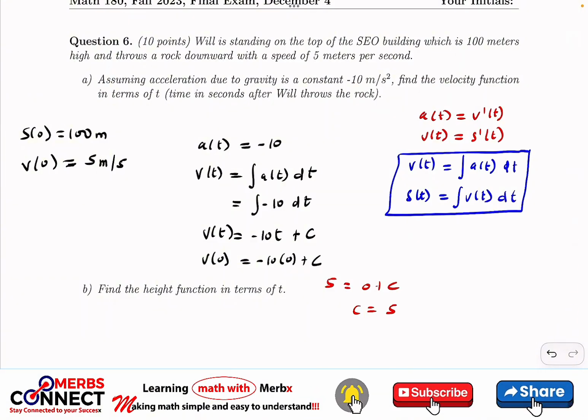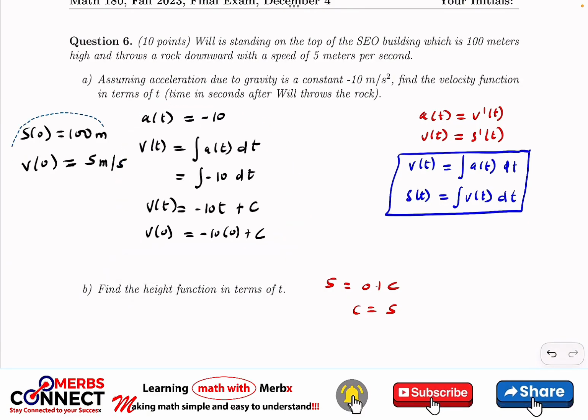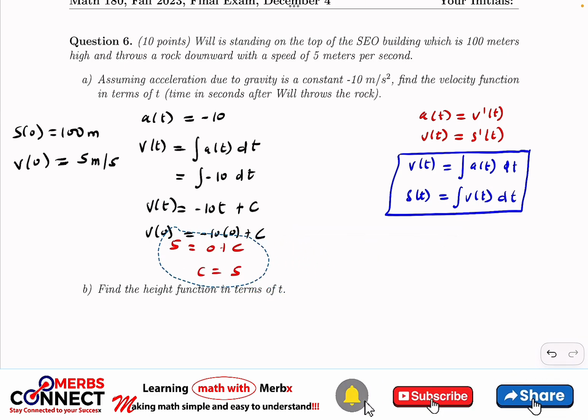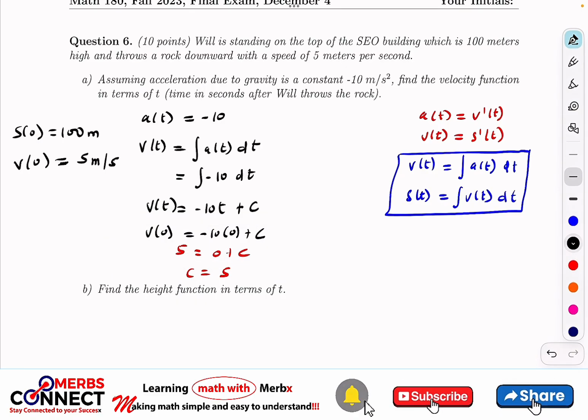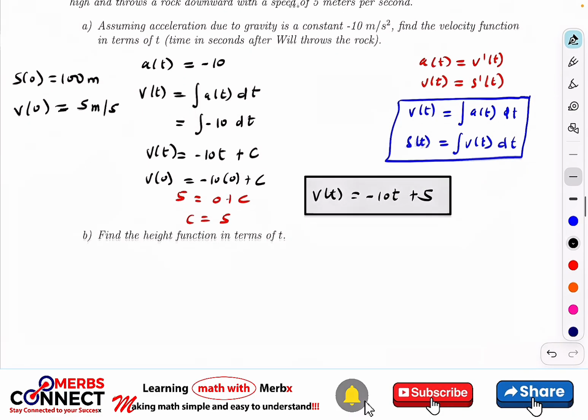So it means that our v of t is going to be, we put this one here, nicely. Good. So let me write our v of t nicely. So from here, our v of t will be equal to minus 10t plus 5. So this is our velocity function.